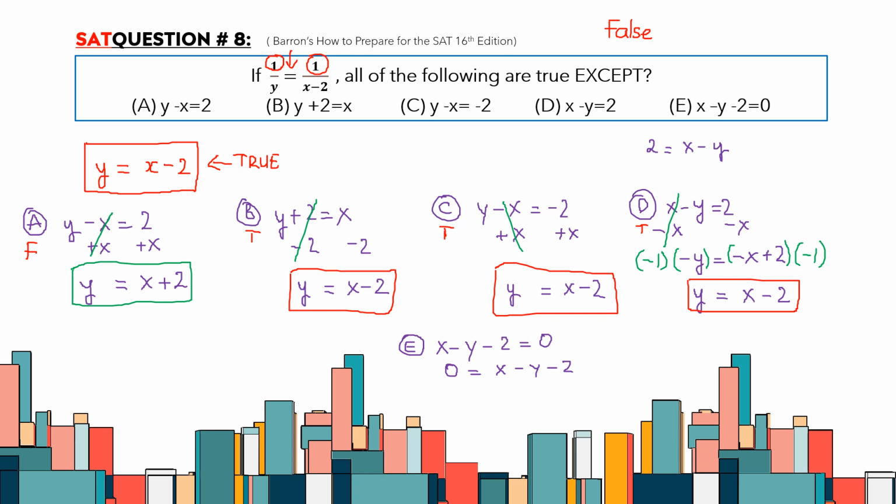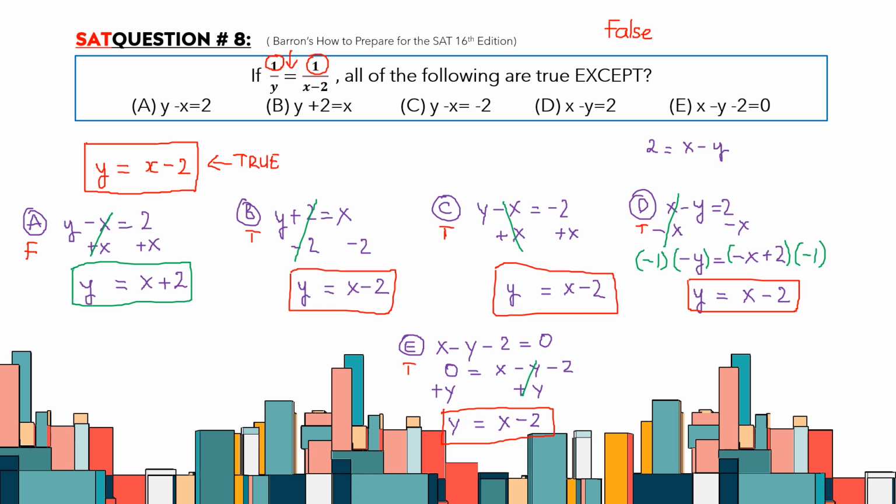It's the same. So I add y to both sides. On the right hand side we have x minus 2, and on the left hand side we isolate y. So we still have y equals x minus 2, and that's the true statement.